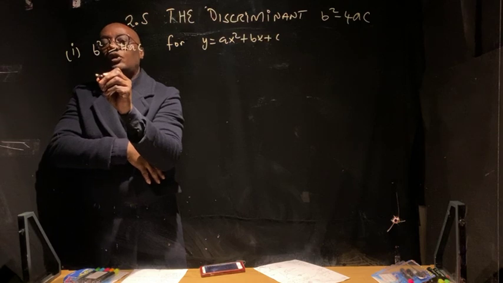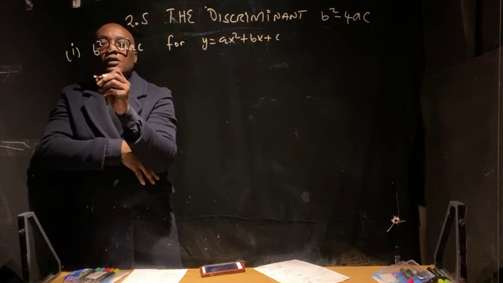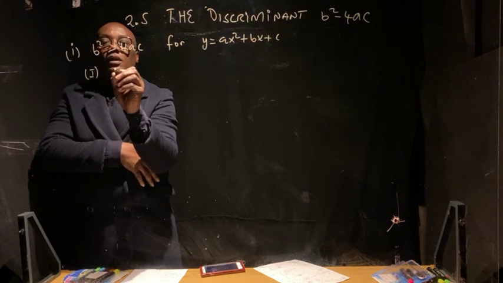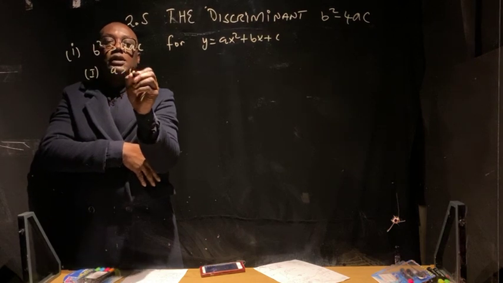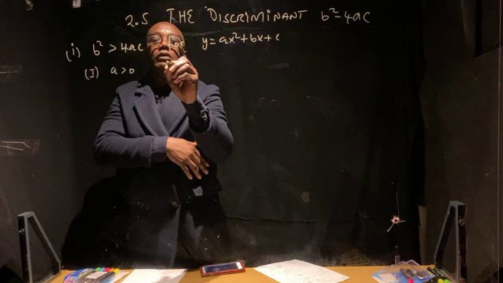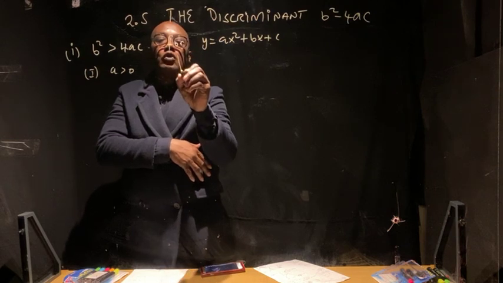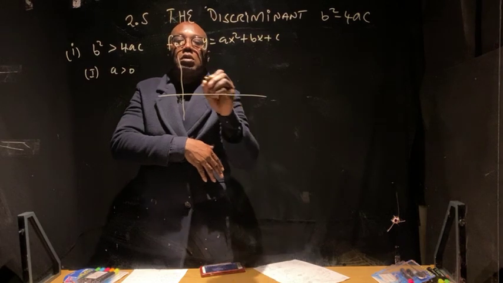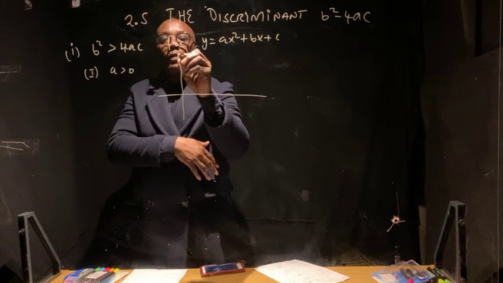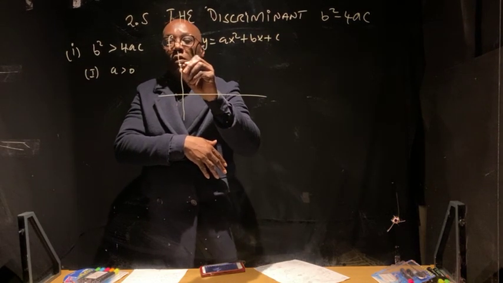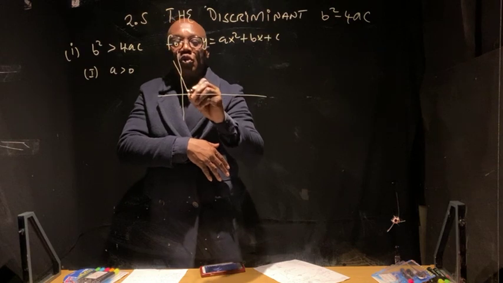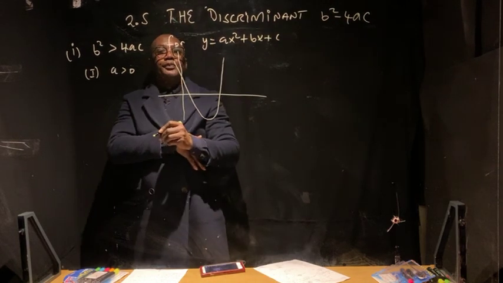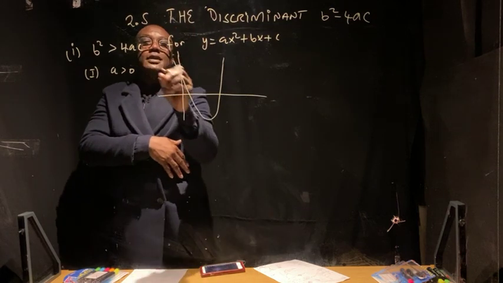Condition 1 is the case when a is greater than 0, then the graph will look something like this.